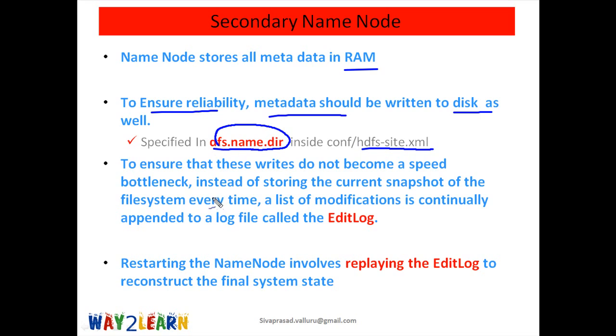So the name node will write the list of all modifications to the metadata in a file called the edit log. Whenever the name node is restarted, the file system image fsimage and edit log are replayed on the fsimage, and the name node will be able to reconstruct the whole metadata again.